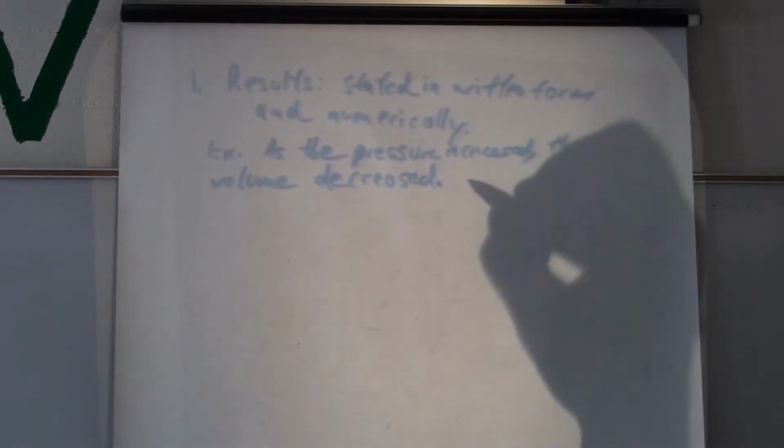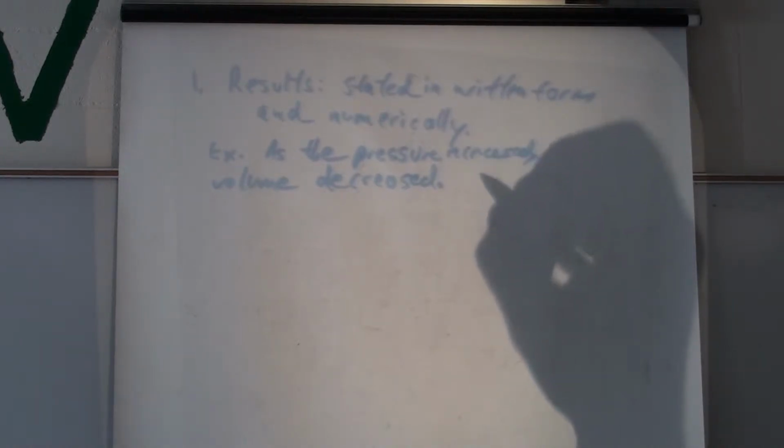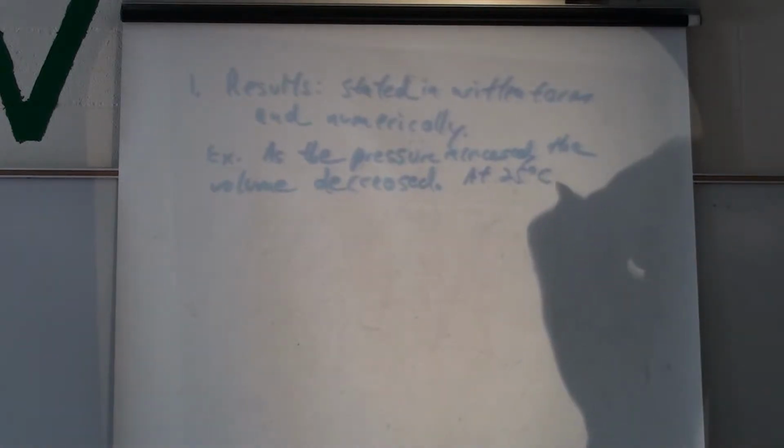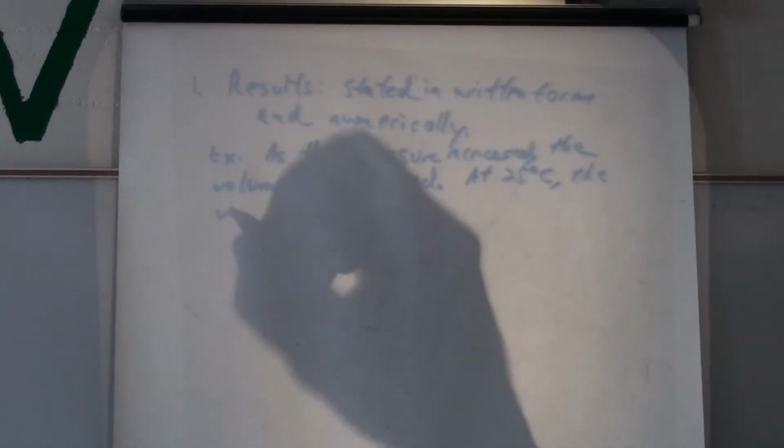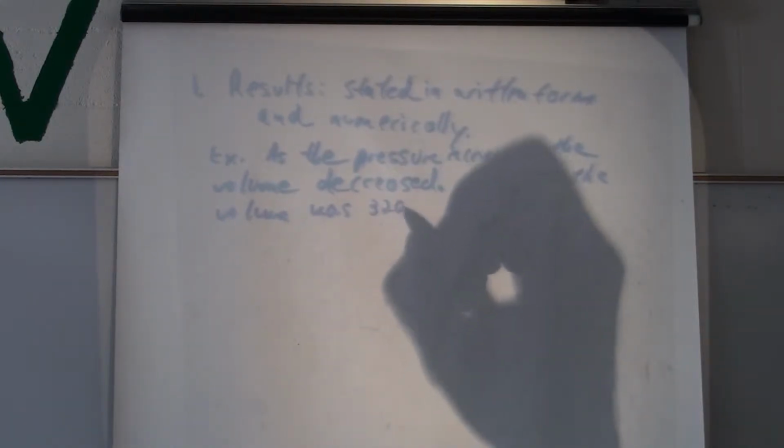Numerically speaking, you might say something like, at 25 degrees Celsius, the volume was 320 milliliters.